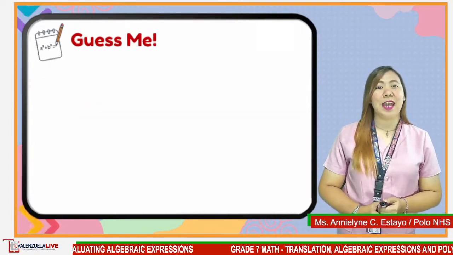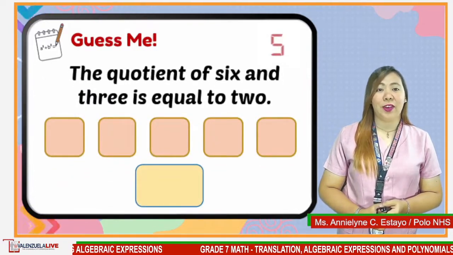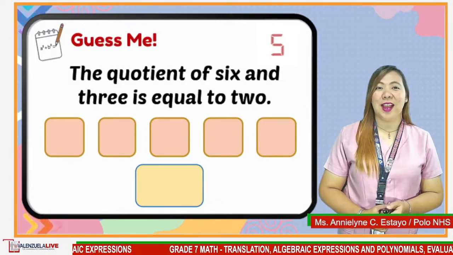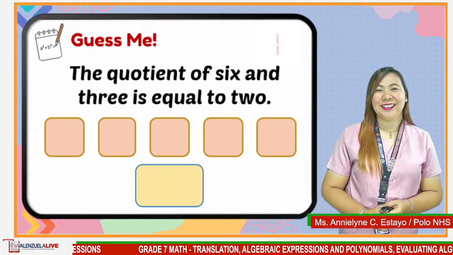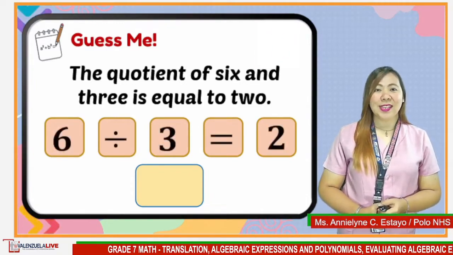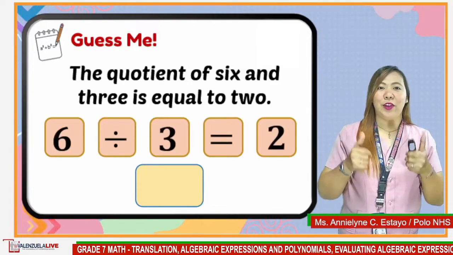Let's have the sentence. The quotient of 6 and 3 is equal to 2. Timer starts now. The answer is 6 divided by 3 equals 2. Very good.